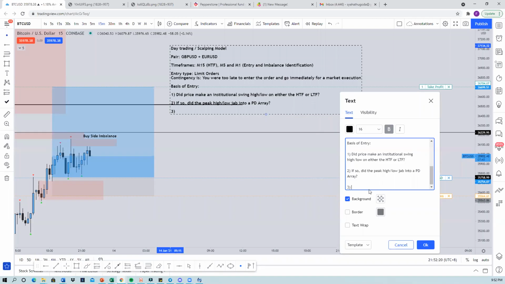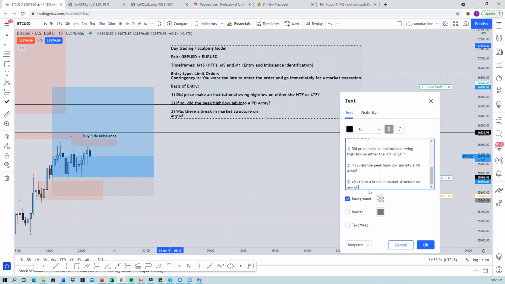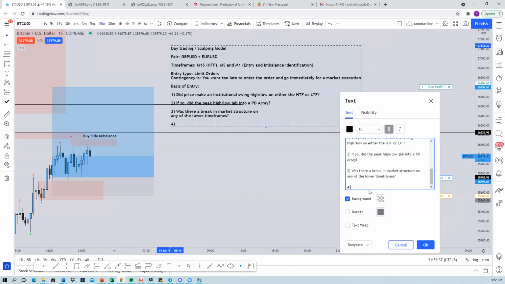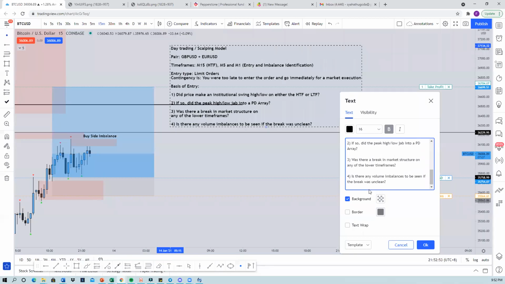Okay. Then was there a break in market structure on any of the lower time frames?